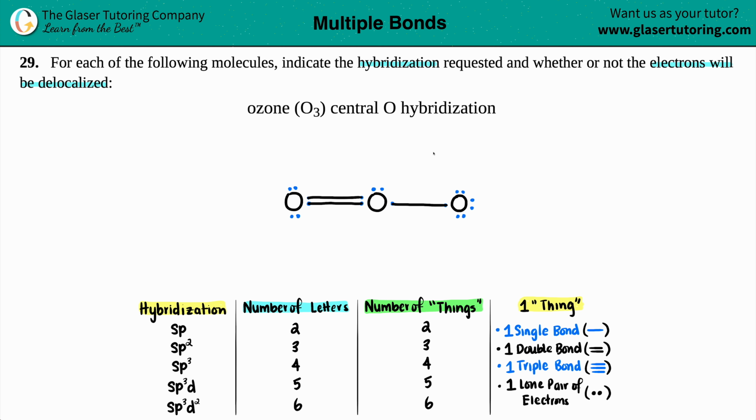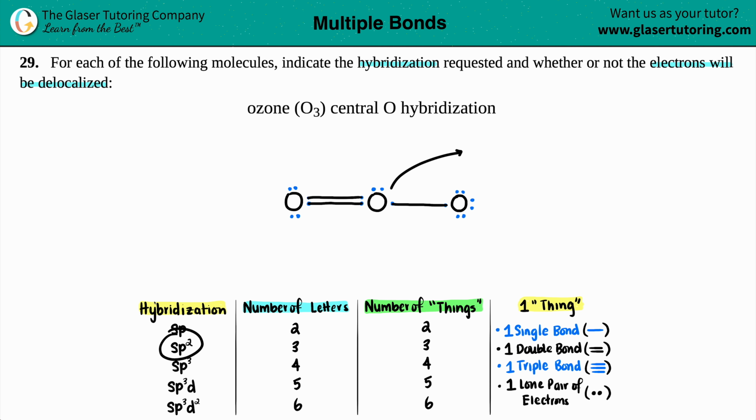Now I guess we'll do the hybridization first. They wanted the central oxygen. If we want to find the hybridization, there are 5 different types. It just talks about the certain orbitals that overlap to form the bonds. Hybridizations go from sp to d. So we have sp, sp2, sp3. Between the hybridizations, you just have to worry about how many letters there are.